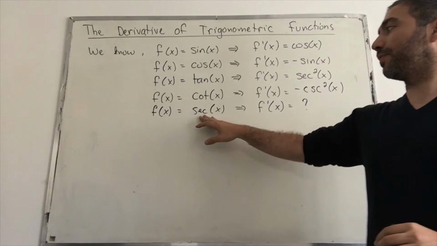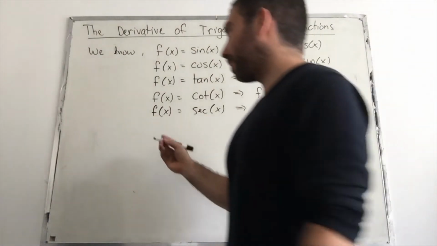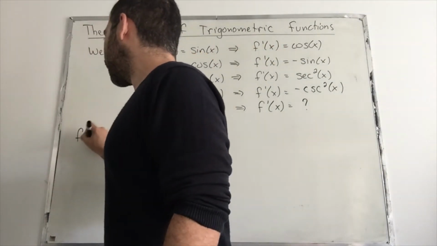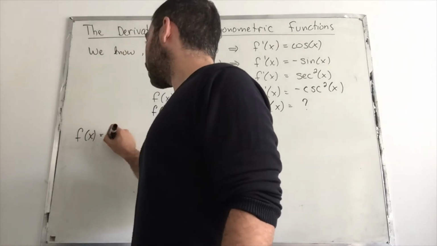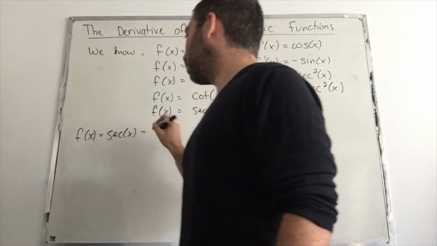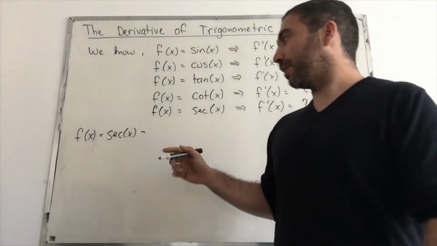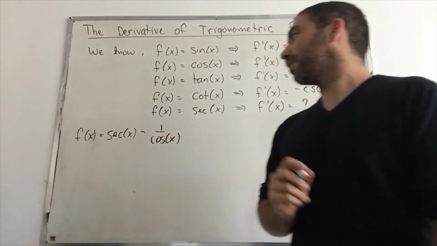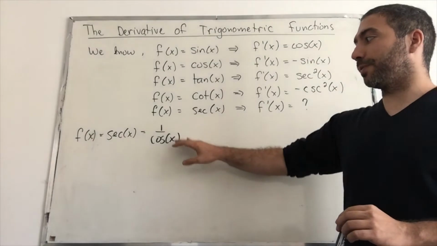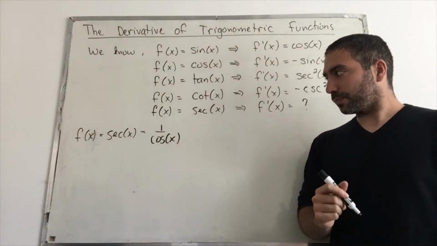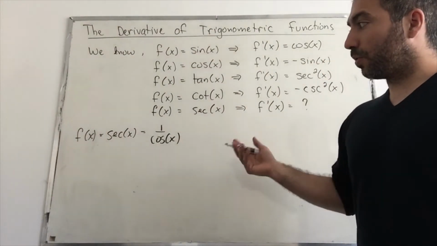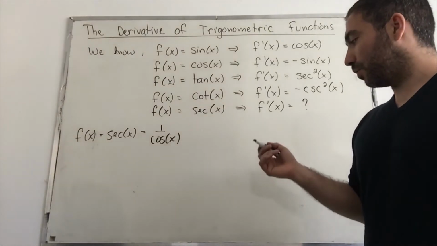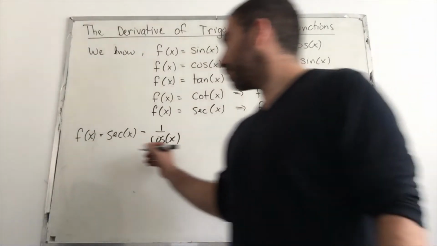Let's look for the derivative of secant. So same concept. If we know that the function is equal to secant, we saw earlier that secant could be written as 1 over cos of x. So we have a fraction. Using quotient rule now, because we have a fraction, we could solve for the derivative.